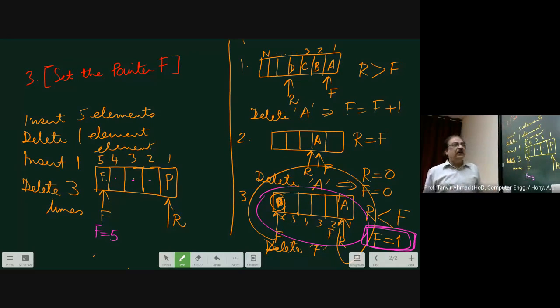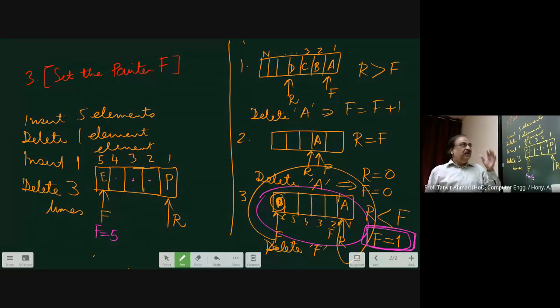The other two cases are normal ones, which is normal Q. Therefore, if you are implementing a Q using a normal Q, obviously you will get only the first and second case. If you are implementing a circular Q, the third case will also come into the picture.